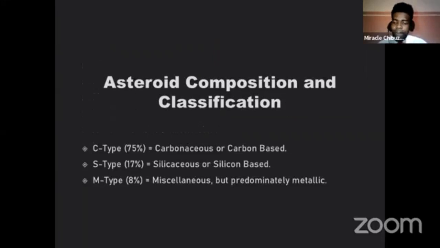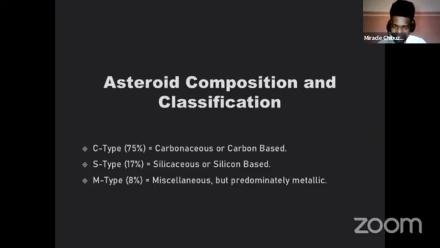Now, what are asteroids composed of? We have three compositions and classifications of asteroids: the C type, the S type, and the M type. The C types are carbon-based asteroids. They make up 75% of all the asteroids that we know. Then we have the S type, the silicon-based.